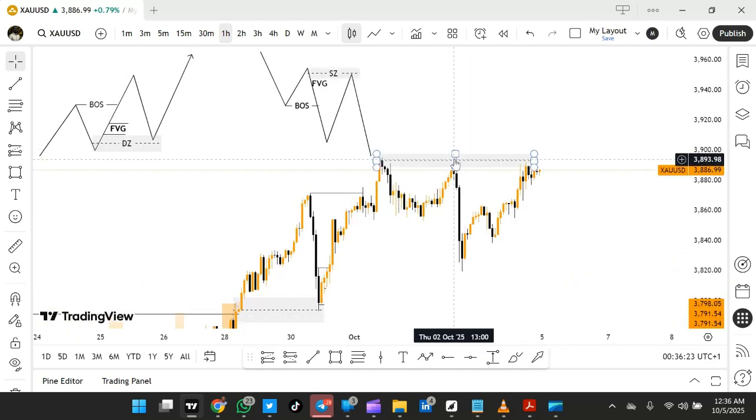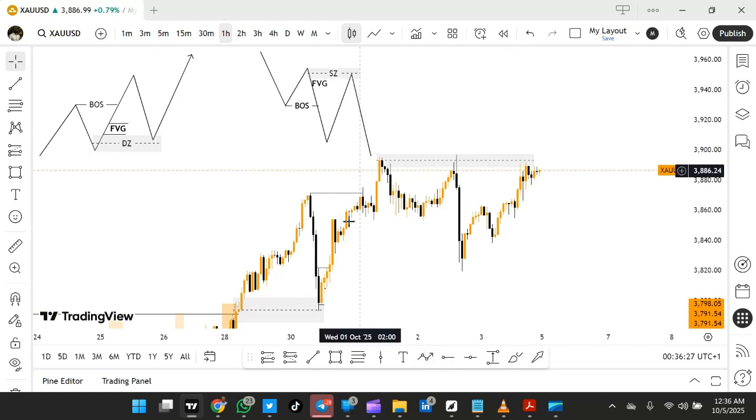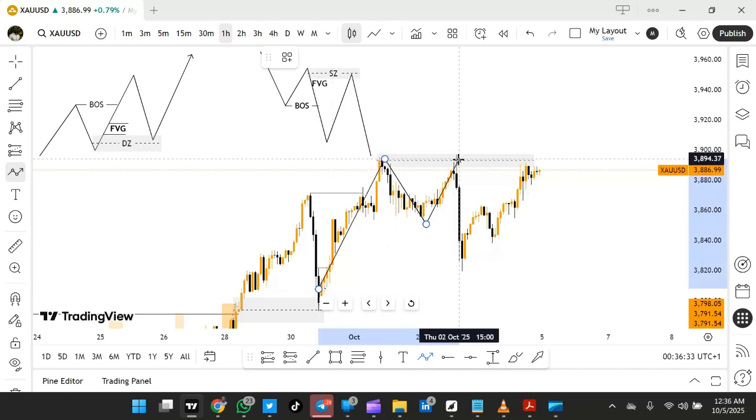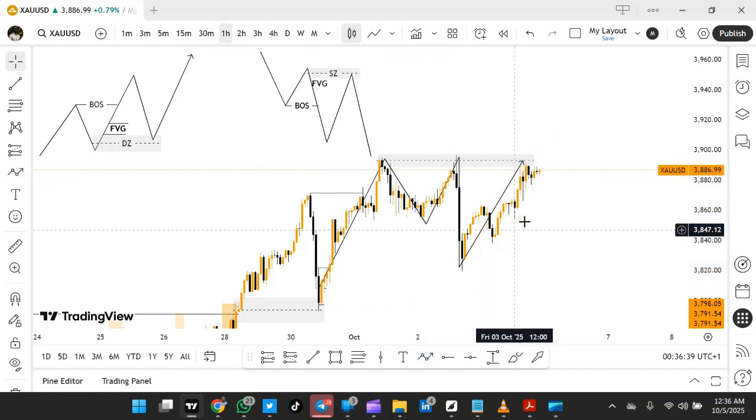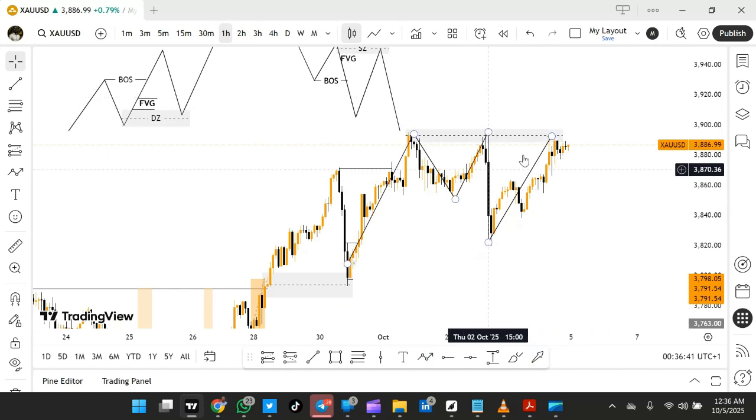Now, this is a resistance level. Why is it resistance? Price came, bounced, dropped, bounced, dropped, bounced, and is reacting to that same level again. So we can classify this as a resistance level, not necessarily a supply zone.